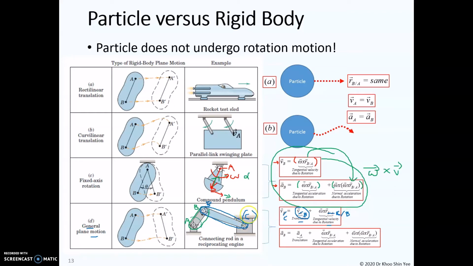And the acceleration at point C here is equal to the translation at point B plus the rotation at point C with respect to B, which gives you these two terms where you have the r_C/B.